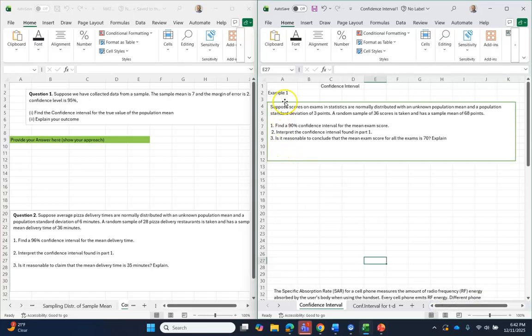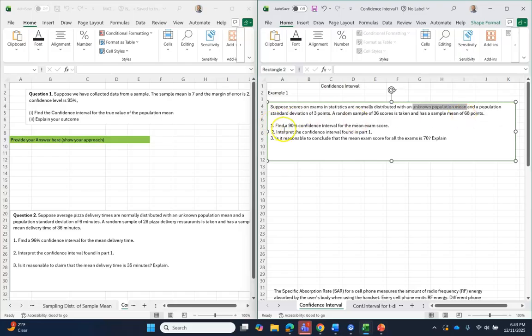Suppose scores on exams in statistics are normally distributed with an unknown population mean, so we have no idea what the population mean is, but we know the standard deviation of the population to be 3 points, and a random sample of 36 scores is taken and has a sample mean of 68 points.